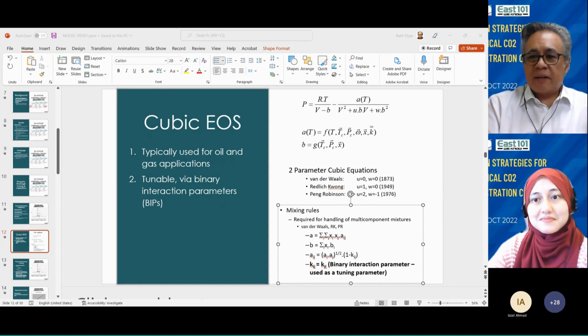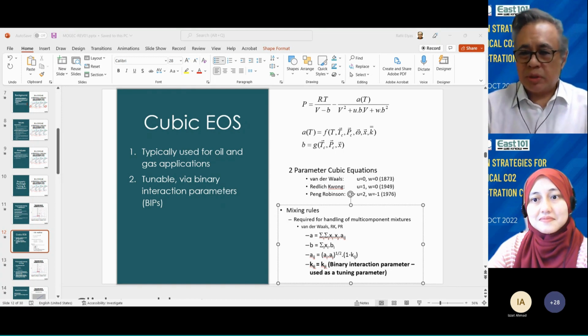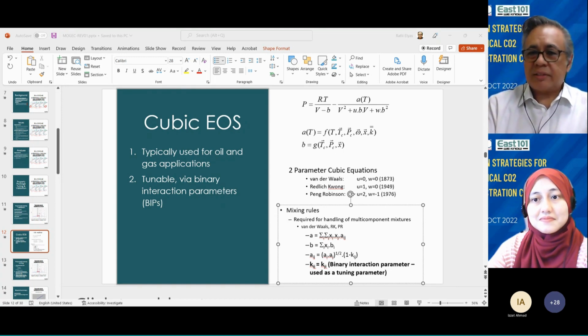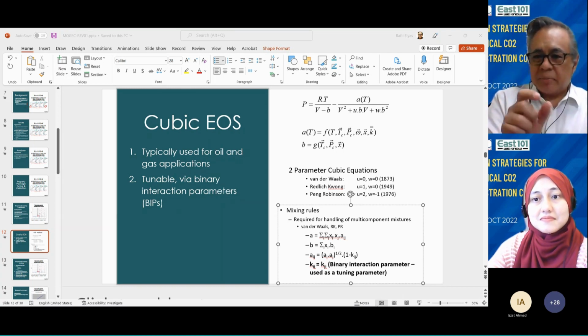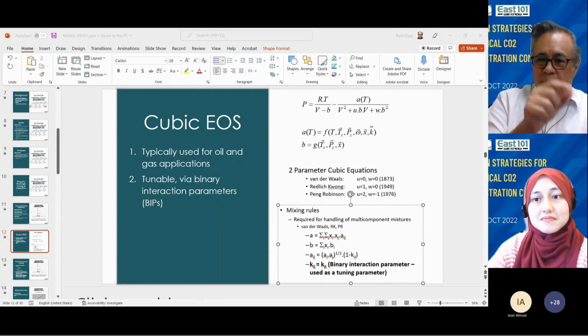So you use what you're confident with, and unless someone can show me that GERG is predicting better than the error I'm getting on my particular Peng Robinson with my tuned parameters, I'll probably still use that.